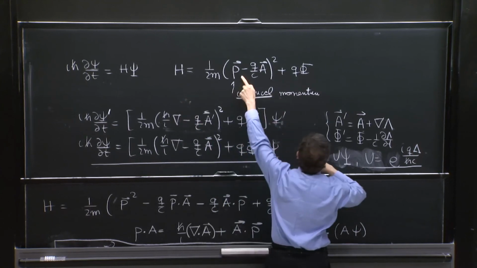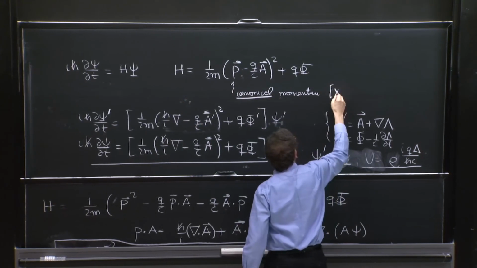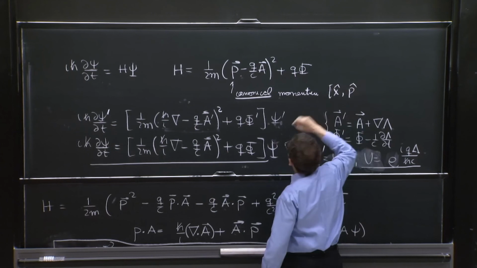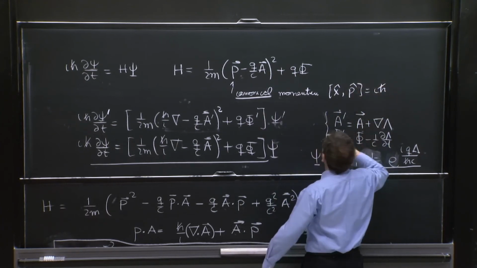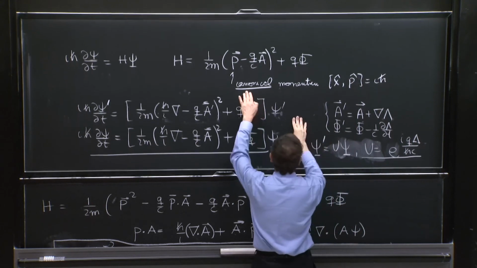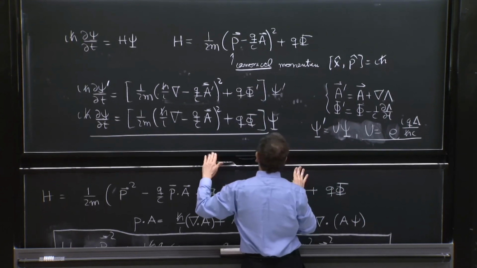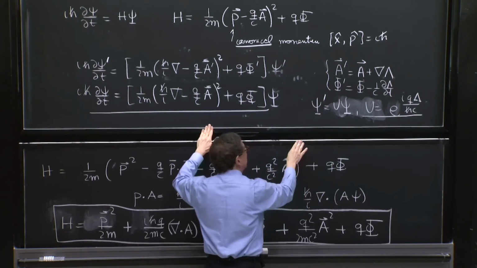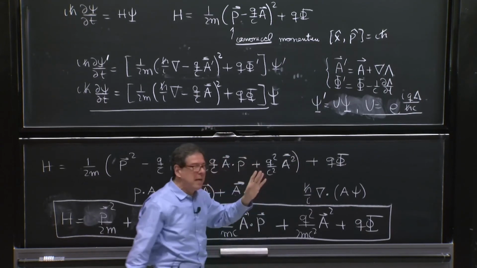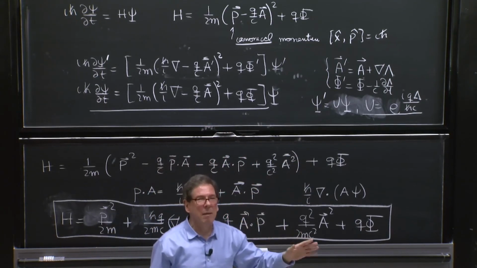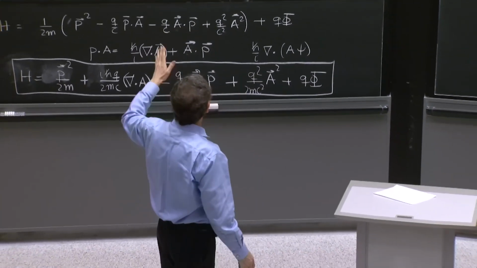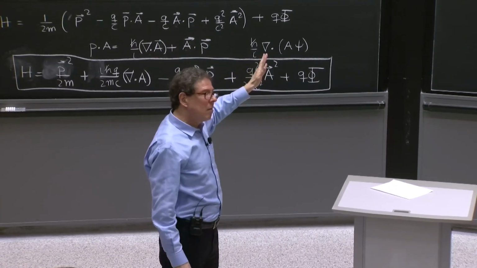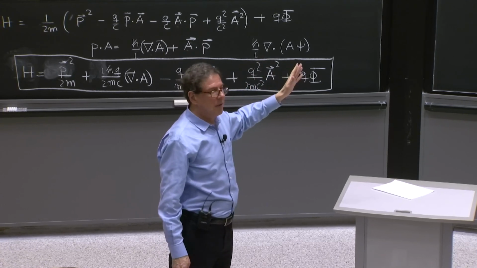And this canonical momentum is a momentum such that x with p, if you put a hat, the commutator is i h bar. But this canonical momentum p is not mass times velocity. Not at all. This canonical momentum is a little unintuitive.